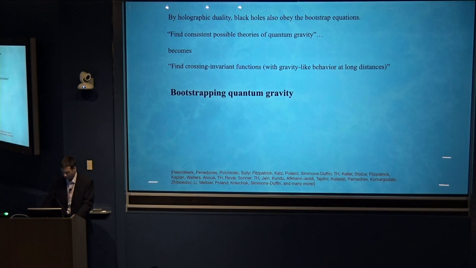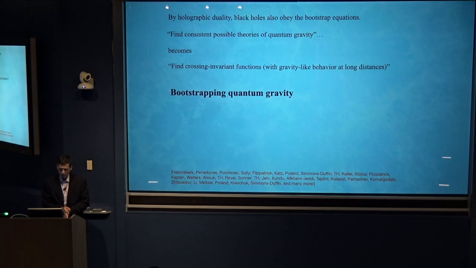Now, by holographic duality, which is this relationship between quantum matter and black holes, we know that black holes also obey the Bootstrap equations. The Bootstrap equations were invented for studying quantum matter, but because of this relationship between quantum matter and black holes, they can also be used to study black holes.